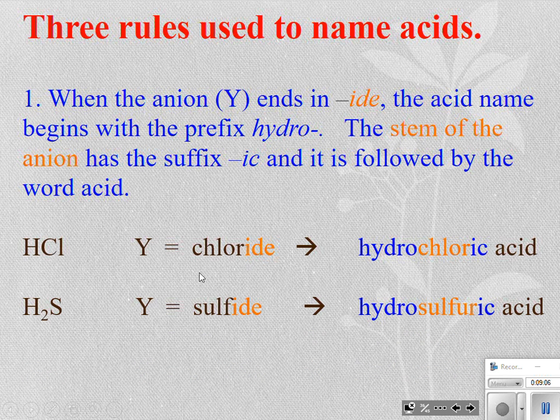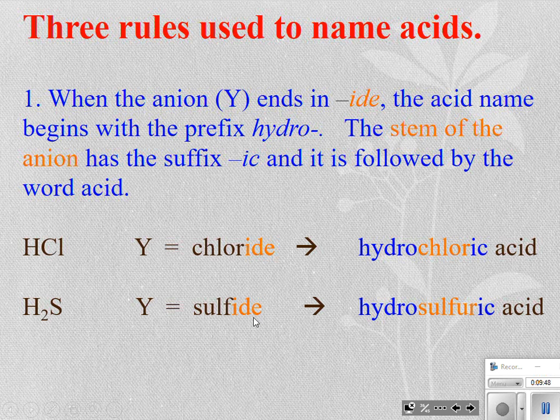Here is another one, H2S. I recognize this is an acid because it begins with H. What is S as an anion? Sulfide. I see the IDE ending, so I put hydro, the base, and this is something that you just have to memorize, because if you would just take off the IDE and put on the IC, it would be sulfic.